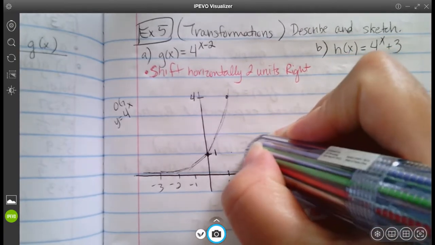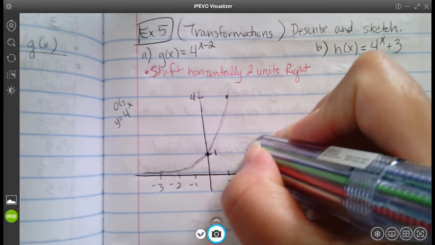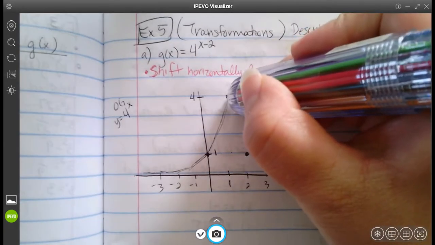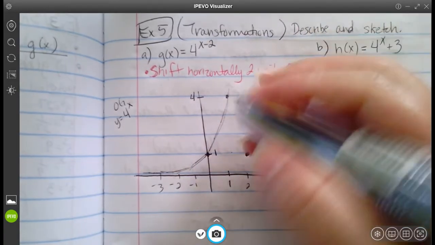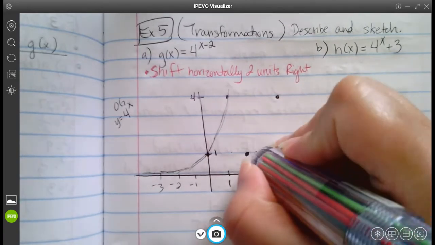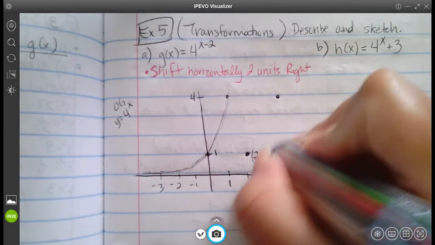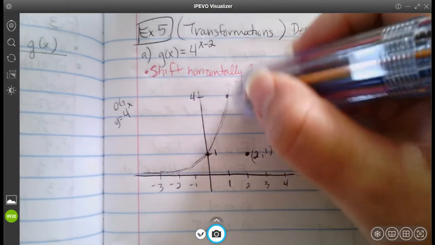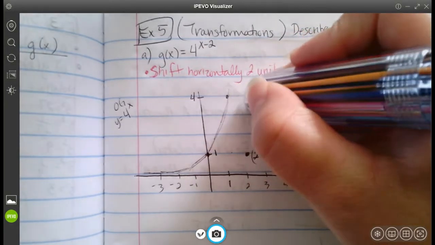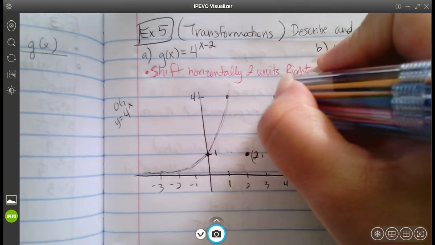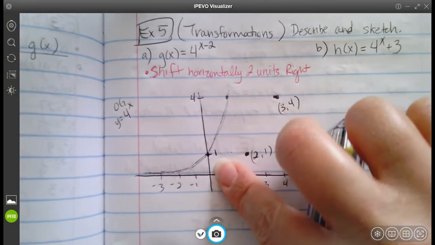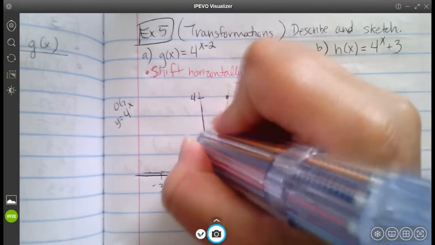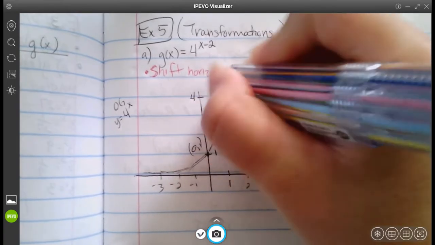So 1, 2. There's my new point right here. This one's also going to go 2 spaces over. So 1, 2, maybe somewhere right there. So this point would now be 2, 1. And this one's going to be 1, 2. I think I went a little too far. Should be 3, 4. Okay, so the original ones were 0, 1, and 1, 4.